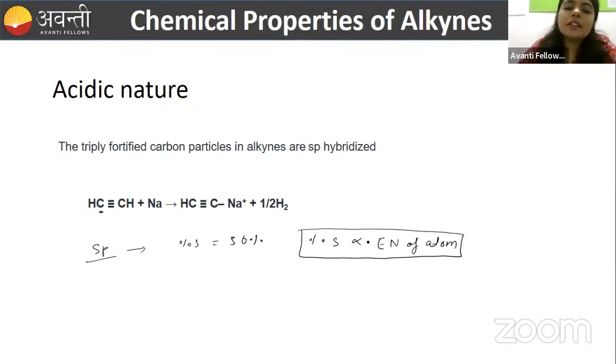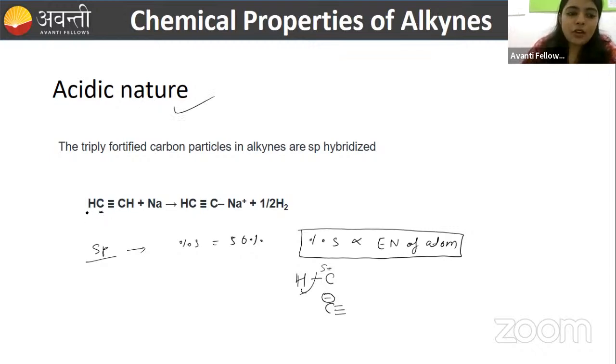Okay, and if electronegativity increases, then this carbon and hydrogen bond becomes polar, and this negative charge becomes more stable on carbon. So if we remove H plus from here and give negative charge to this sp carbon, then it is quite stable. So that's why this hydrogen is released from here, and we say that alkynes are acidic in nature, slightly acidic in nature.